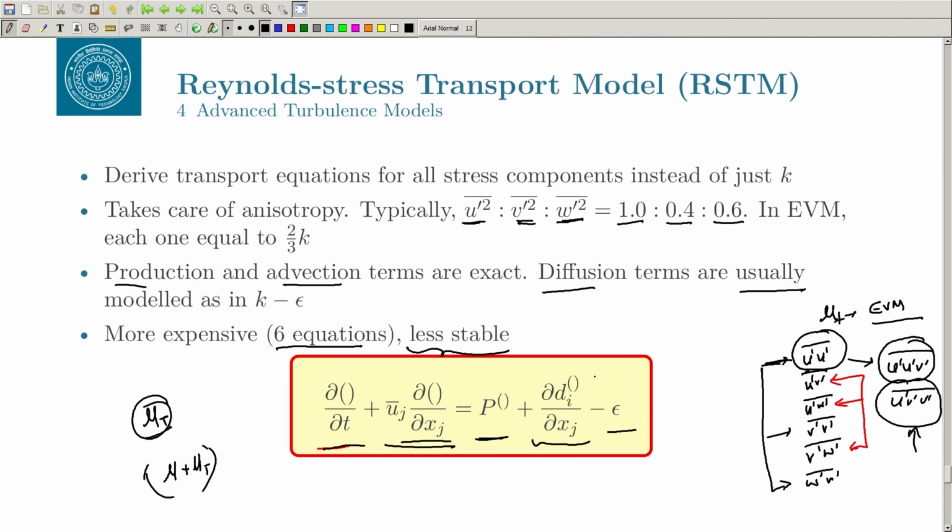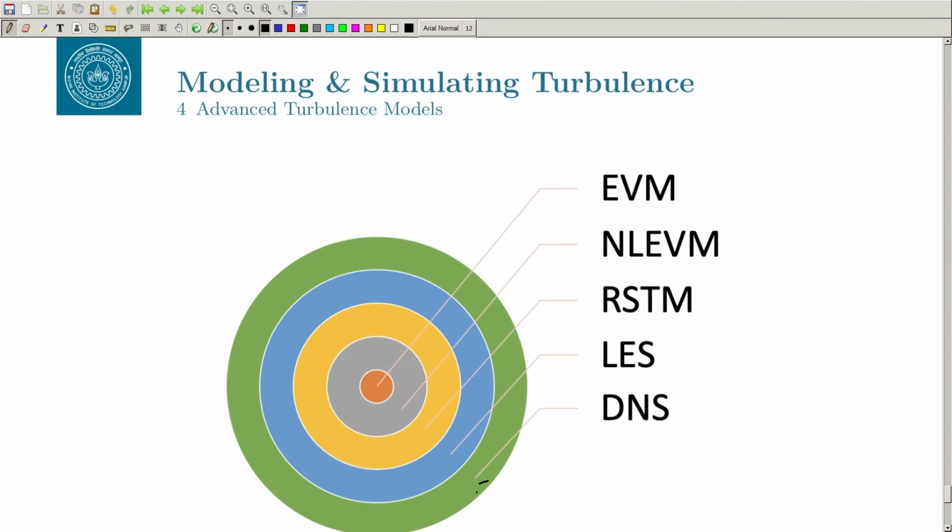Of course, the DNS is the most expensive approach. After that there is LES, and now these three that you see, 1, 2, 3, these are basically your turbulence models, these are the RANS approaches. So, the most expensive here is the Reynolds stress transport model, because you are solving 6 equations.